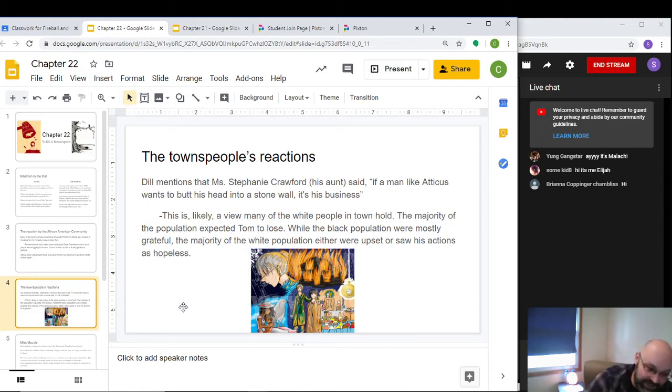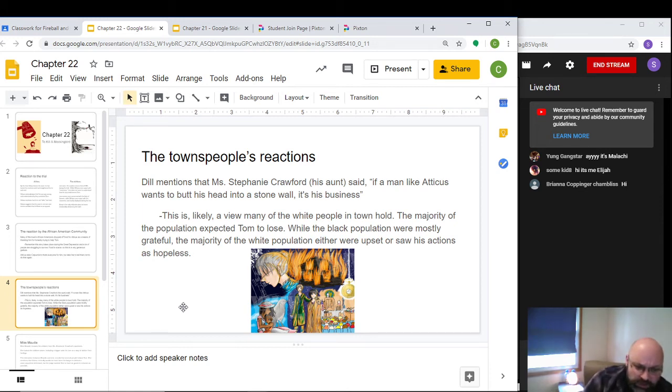Who was he to think that he could change the entire structure of society? So they view his effort as hopeless, right? The same odds I would have for breaking down a stone wall with my head are the same odds they're giving Atticus for helping Tom. It's something he just can't do. He probably thinks he's better than he is if he thought he could change things.